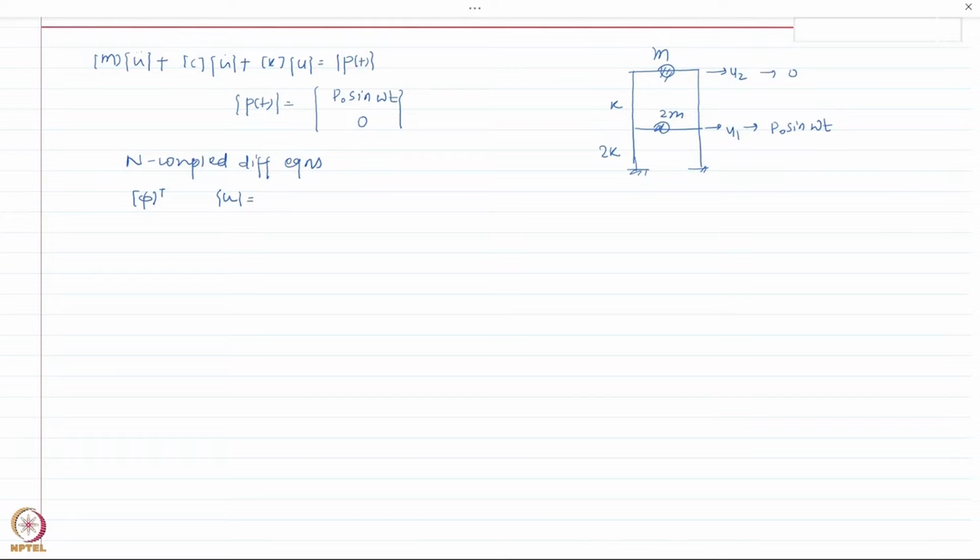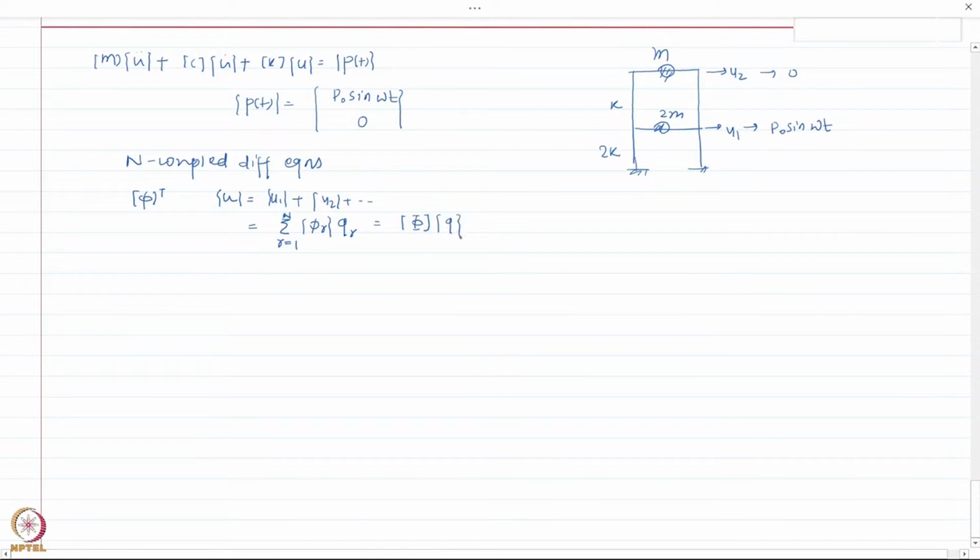So basically u would be the contribution due to the first mode, let us say u1, plus u2 and so on, which is nothing but the summation from 1 to n of the mode shape times the modal coordinate, let us say q r here.